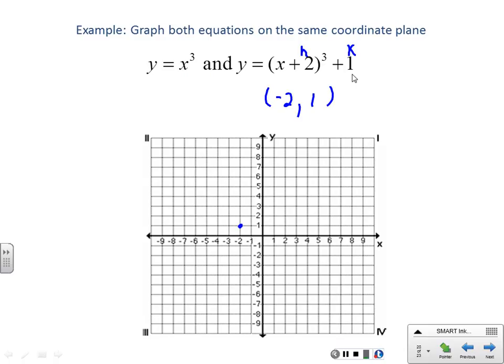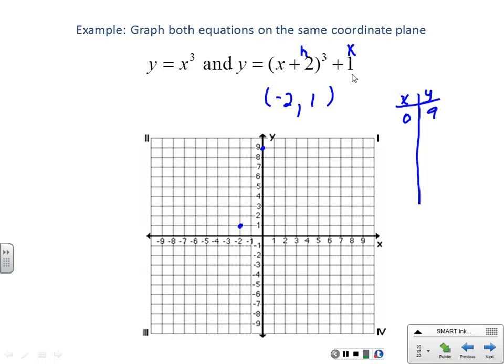Now, on your S curve, you just got to remember what's going on. So if I plug in 0, what am I going to get? If I plug in 0, you're going to get 2 cubed, which is 8. 8 plus 1 is going to be 9. So you get 0, 9. Now, this one is symmetrical, but it's cut in half and flipped.